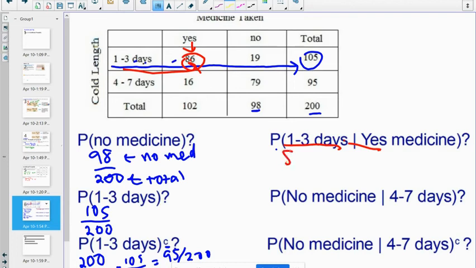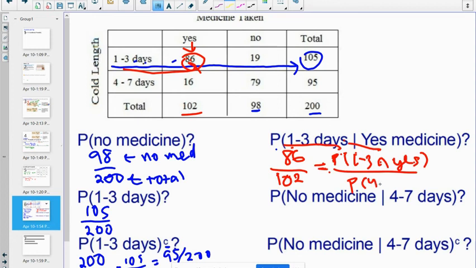That's the probability of them happening at the same time over the probability of having taken medicine, which is 102. Remember, so that's the probability of 1 to 3 and yes over the probability of yes.